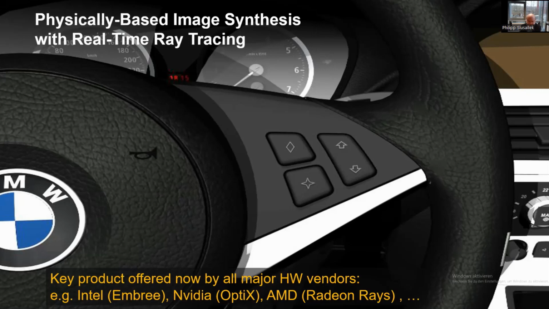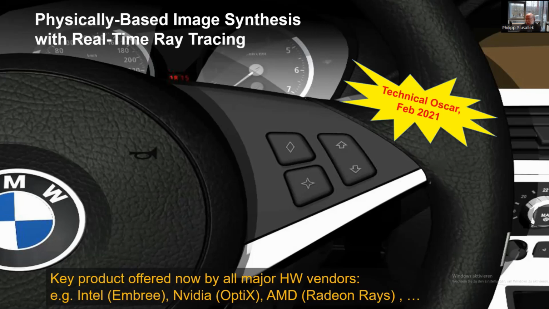And that toolkit was widely used in the film industry and received a technical Oscar at the beginning of 2021. So, it's not often that researchers can get Oscars. There are a number of Oscars that went to the graphics community. So that's one of them. Graphics is one of the areas where you can actually get an Oscar for your research, which is very nice.